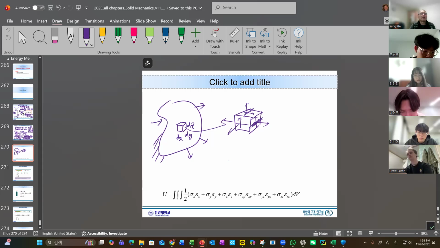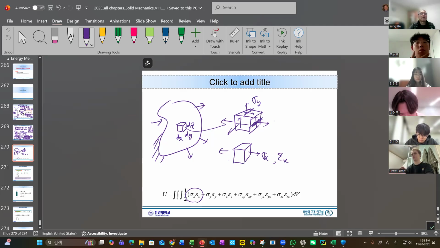We just consider one stress, sigma x, and the epsilon x. Then we just observe that that will be half sigma x and epsilon x. But the other components will be the same, sigma y, sigma z, and so on and so on.